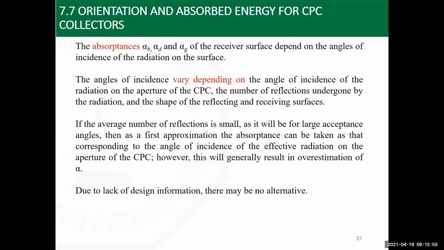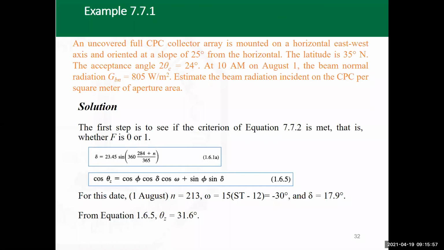Now, let's have an example that is going to clarify that more. The example here is 771. What we are looking at is an uncovered full CPC collector, so it is not truncated and not covered. It is mounted on a horizontal east-west axis, oriented at a slope beta equal to 25 degrees from the horizontal.